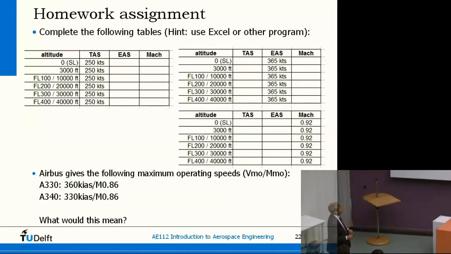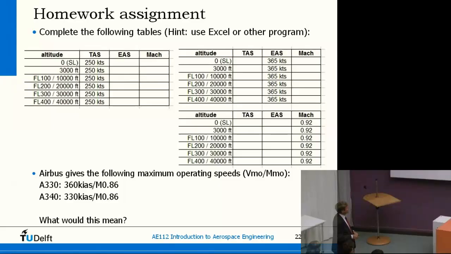See how huge the variation is. Or the same equivalent airspeed: if you keep the same speed on the meter, what is the effect on the true airspeed or Mach number? And similarly, if you have the same Mach number, what does this mean for true airspeed and equivalent airspeed? And why do they always specify the altitude with the Mach number? And here you see the question we just got: why do you use Mach?